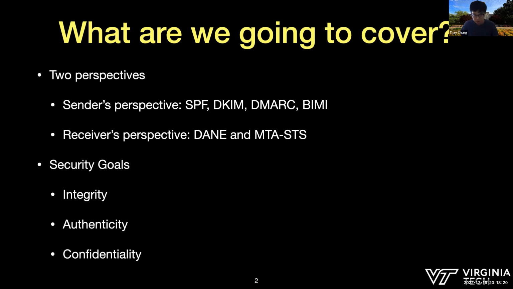The other perspective is the receiver's perspective. For example, you'd like to send an email to one entity. Then the problem is, how can you be so sure that you're communicating with the entity that you intended to? For example, you went to google.com's mail server and you'd like to send your email to that server.